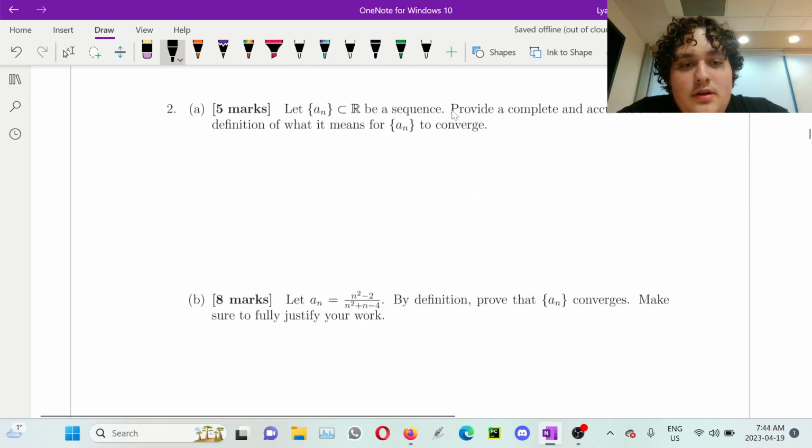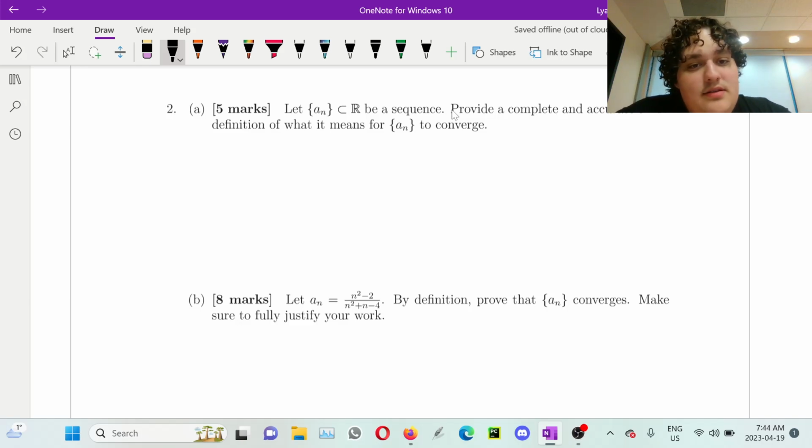Okay. Let a_n be a sequence contained in R. Provide a complete and accurate epsilon-N proof definition for what it means for a_n to converge.